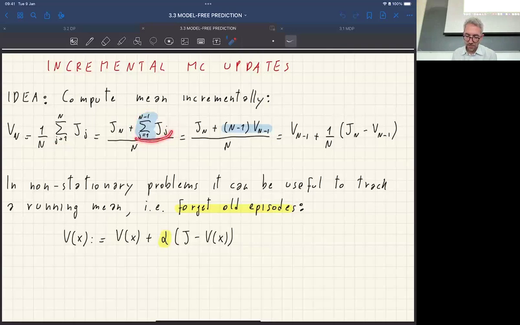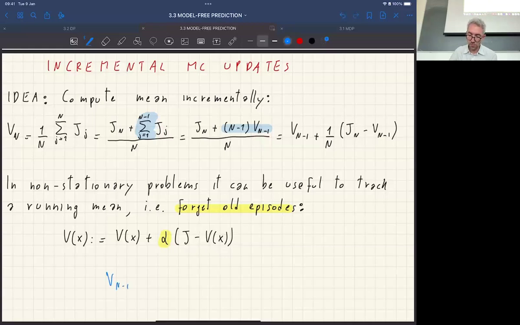And then actually I can write this as n minus 1 times the previous estimate of the value, because the previous estimate of the value was simply this summation divided by n minus 1. Well, let me write that.